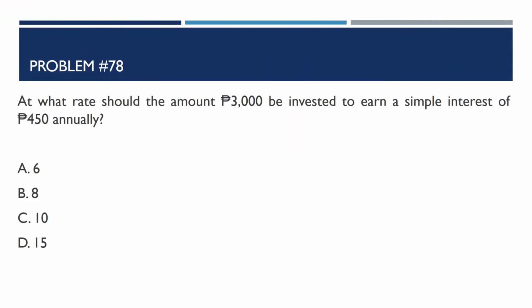Number 78. At what rate should the amount 3,000 be invested to earn a simple interest of 450 pesos annually? So the answer for this is 15. So how do you get 15? Let us use the formula for interest equals PRT, or principal times rate times time.